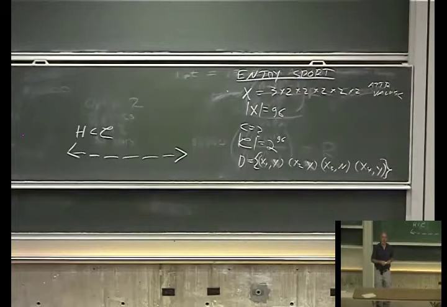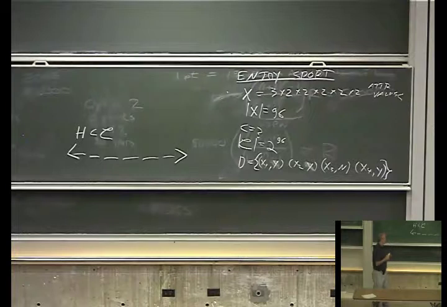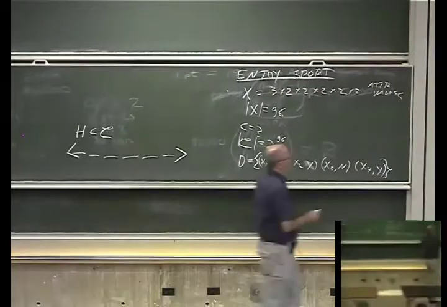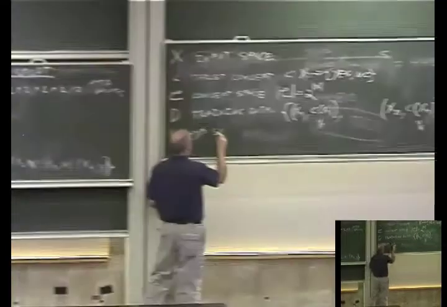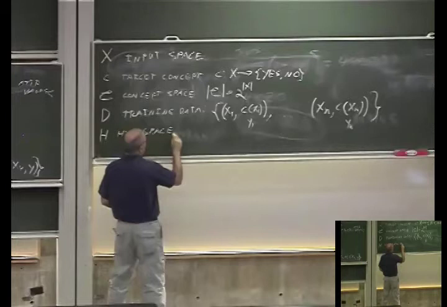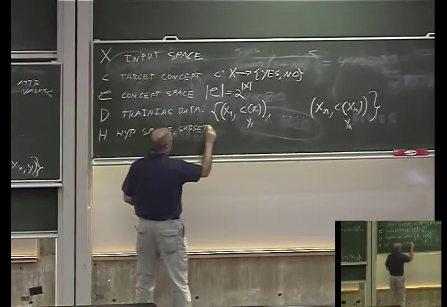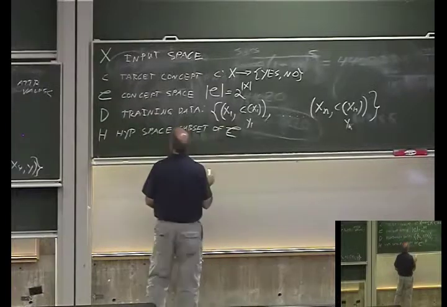But typically, H is a very, very small subset of big C. So in our particular case, let me first write here: H, hypothesis space, subset of C, of big C.